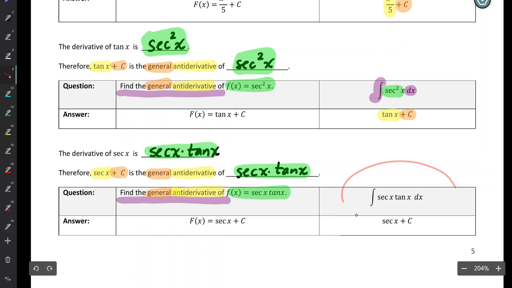A much more concise way for us to ask you that question is with this indefinite integral notation. The purple that I just highlighted provokes in us a question. The derivative of what function is secant times tangent? Well, the derivative of secant is secant times tangent. Moreover, the derivative of secant plus any constant is secant times tangent. Okay?